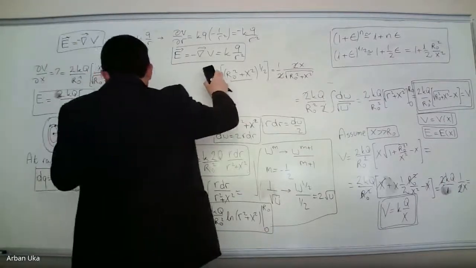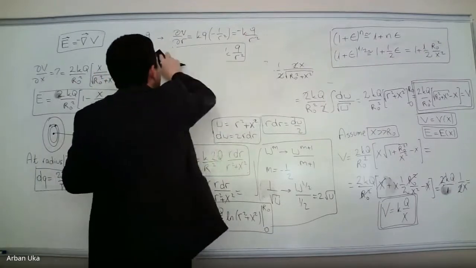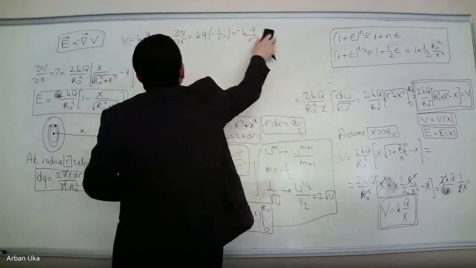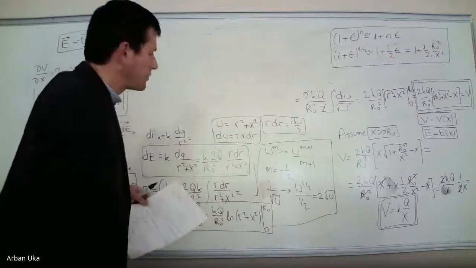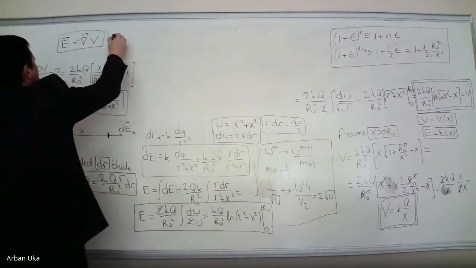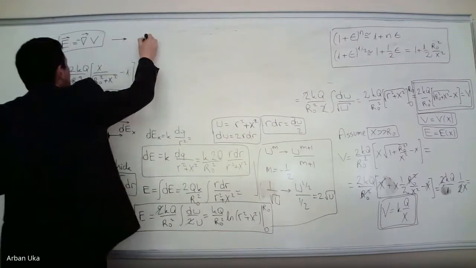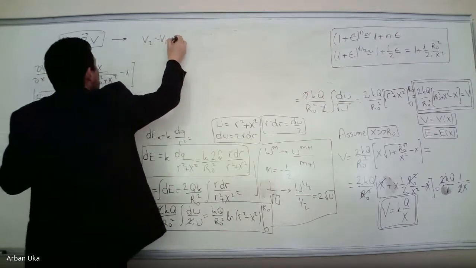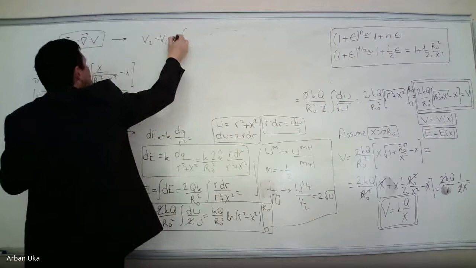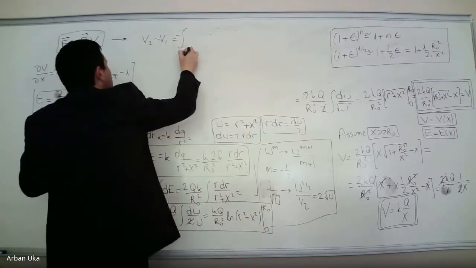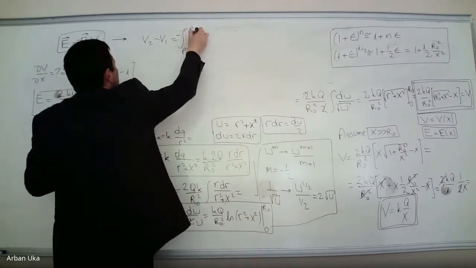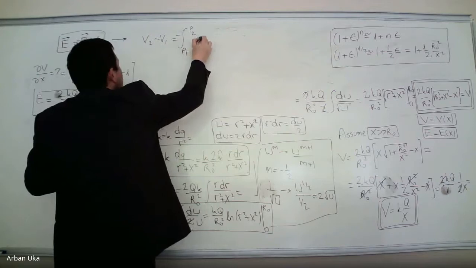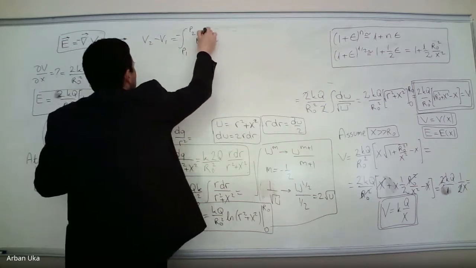Now, similarly, we can also say, based on this expression here, we can say that the change between any 2 points, this is equal to the negative of the integral from point P1 to P2 of E dot dl.